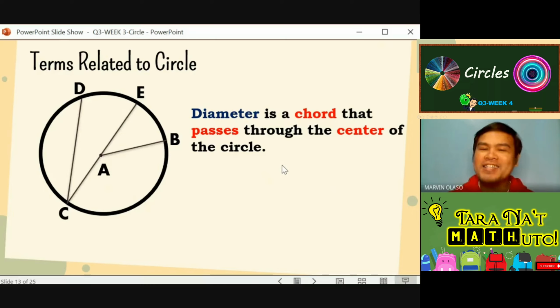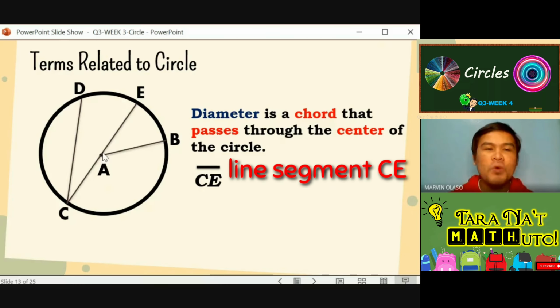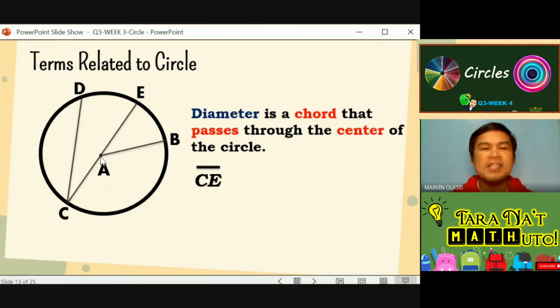Kaya pag dumaan sa center, passes through the center, ang tawag na natin sa chord ay diameter. Ayan, alin sa dalawa yung dumaan sa center? Si CD ba o si CE? Yes. So, ang ating diameter dito sa circle is line CE. Ito po, line CE kasi siya lang po yung dumaan sa center.